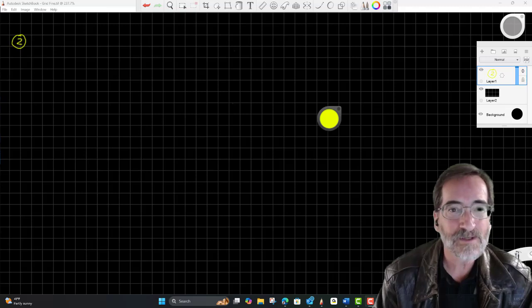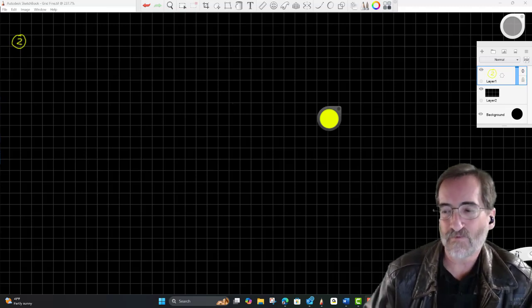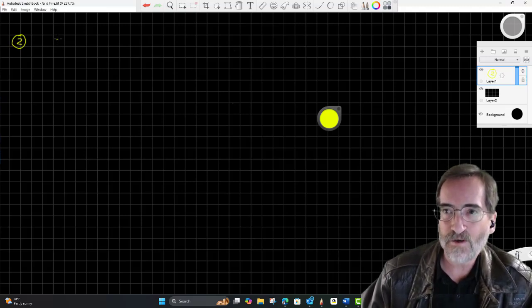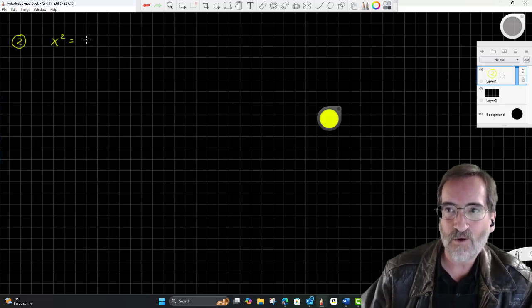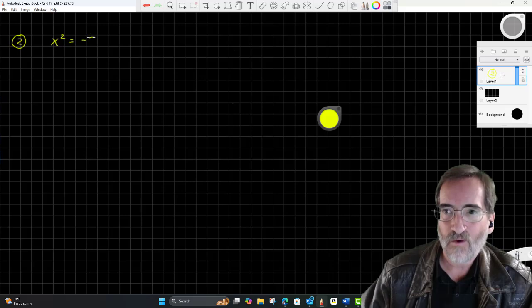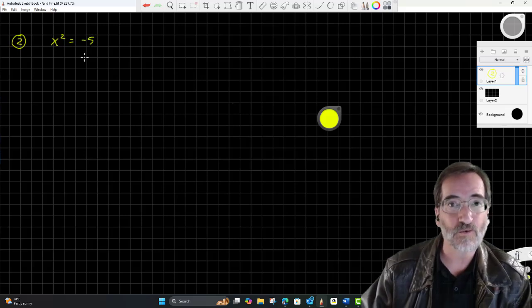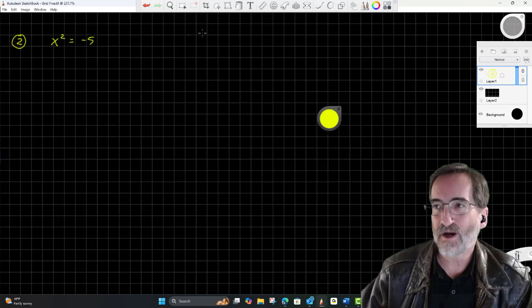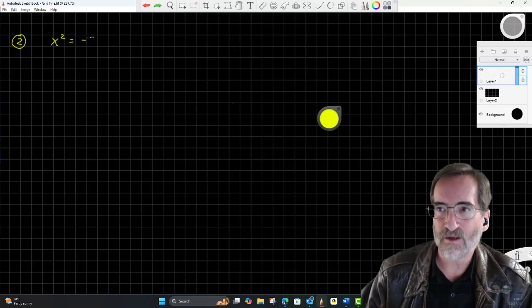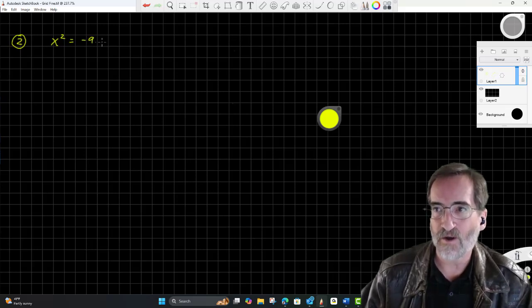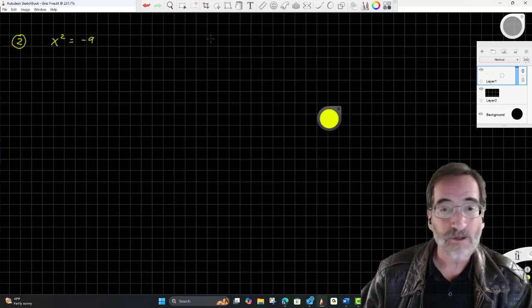Okay, number 2 is asking about a general concept. If you have a squared number, like x squared equals, and on the right side you have a negative number, what is the rule concerning that situation? And here's the idea. And let's make it a perfect square here, negative 9. You might think, well, it's 3.